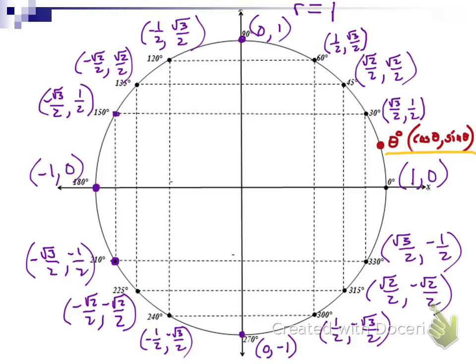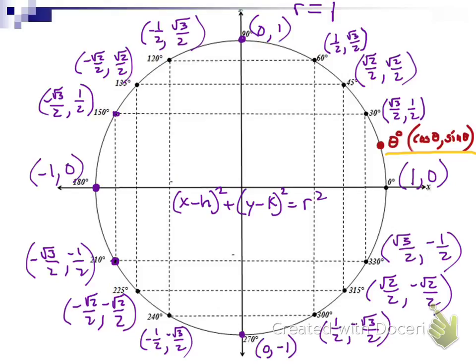The formula, don't write this down. I'm going to tell you when and where to write it. The formula is x minus h squared plus y minus k squared equals the radius squared. That's a good formula to know for the ACT. Now, in the unit circle, the center is what?